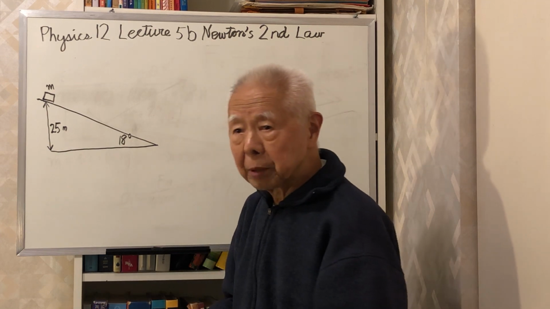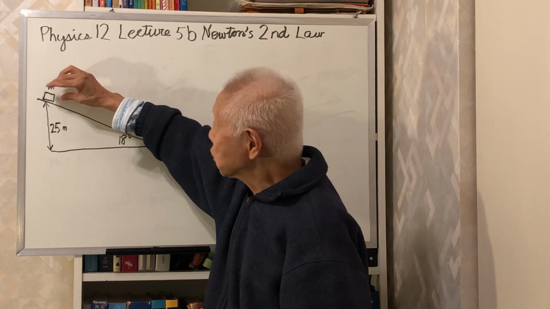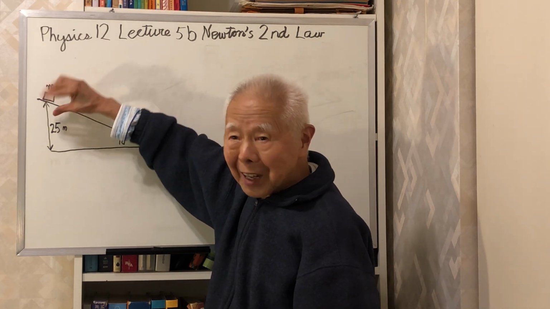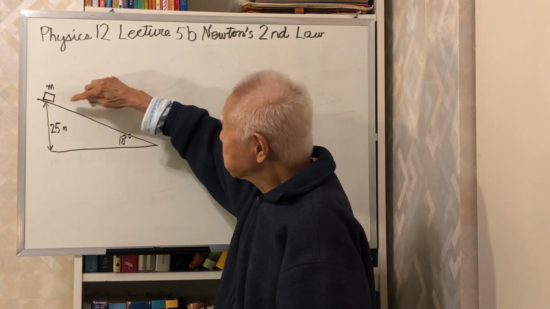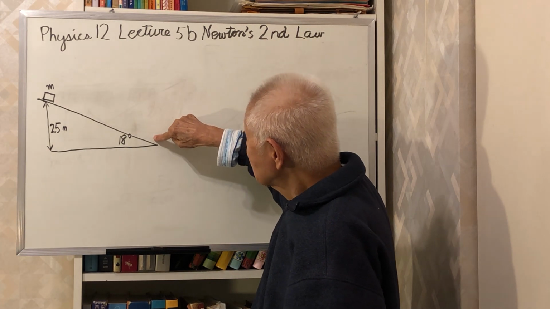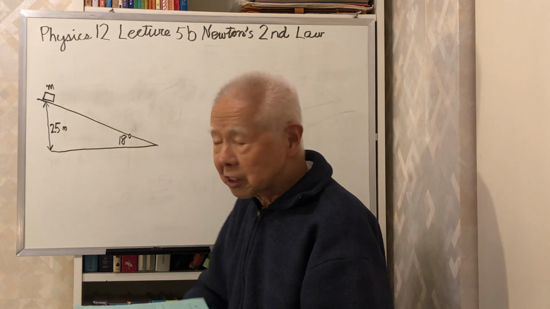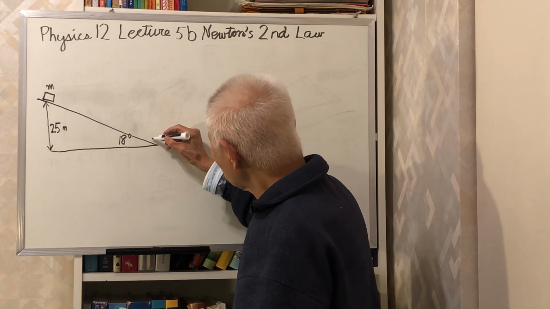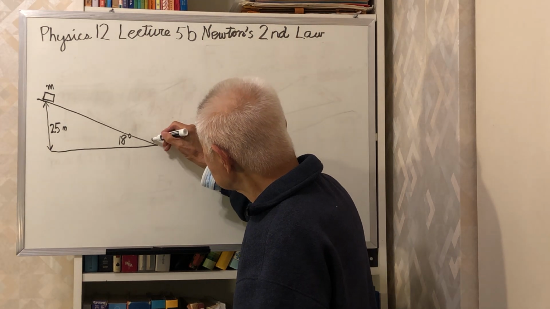First, at the beginning, you hold the mass. You hold it, and then you let go. So the mass will slide down the inclined plane, and the question is to find what is the velocity at this point, when the mass reaches here.